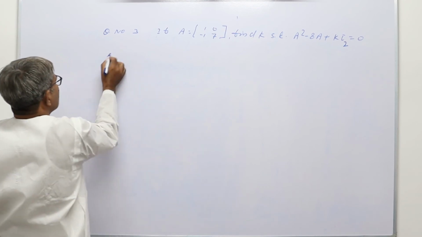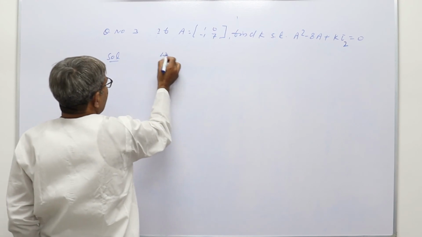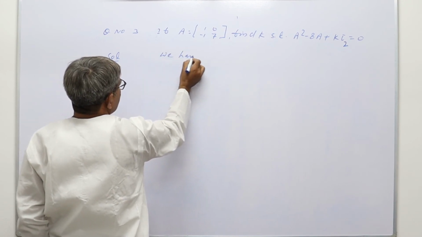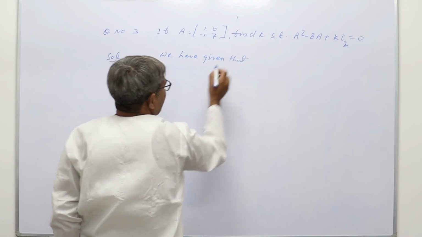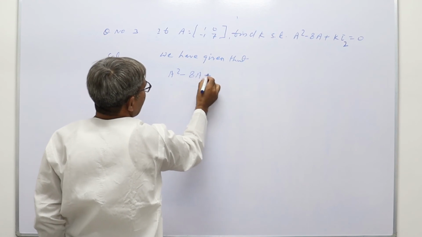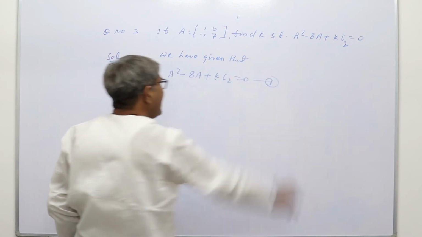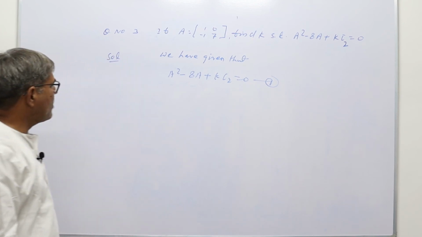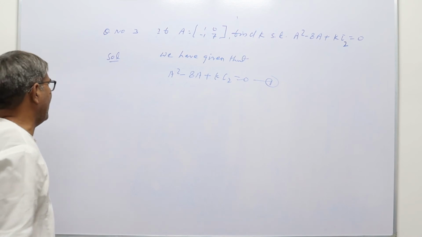So the solution: the given condition is A square minus 8A plus KI2 is equals to 0. First of all we will find the left hand side, then we will put it equal to the 0 matrix.